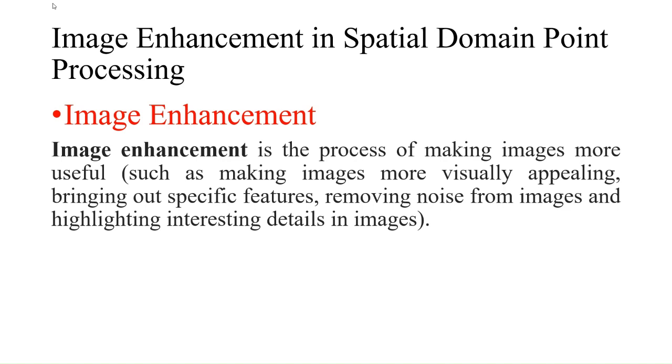This whole process is known as image enhancement. Image enhancement is the process of making images more useful, such as making images more visually appealing, brightening specific features, removing noise from the data, and highlighting interesting details in the images. This is known as image enhancement.